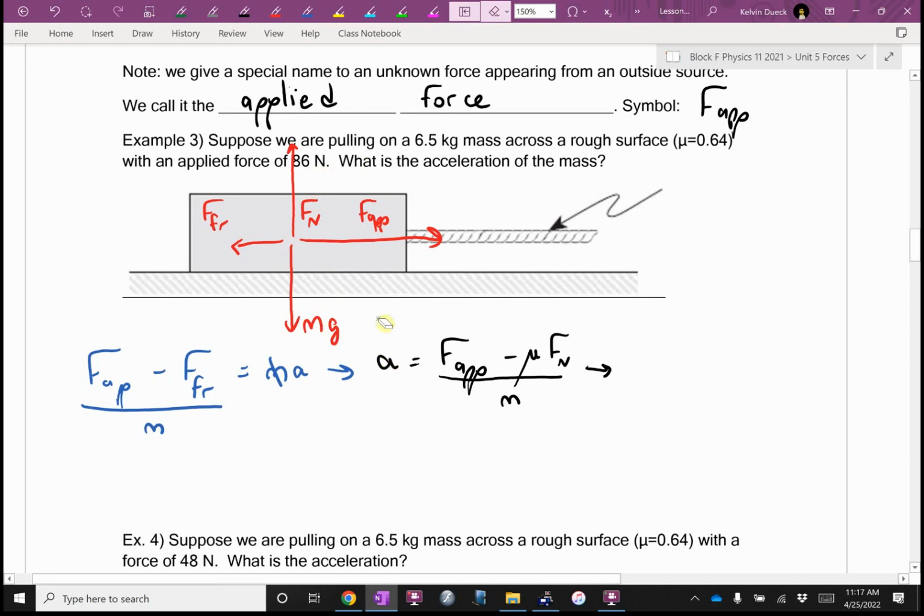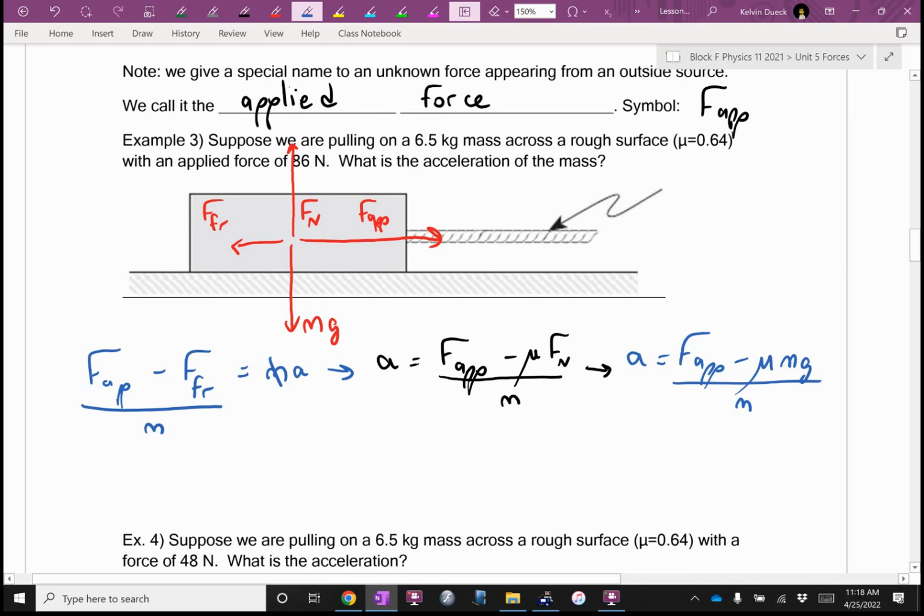Which one? Read me those two letters. Okay. So I can say A equals F applied minus mu mg, all over m.